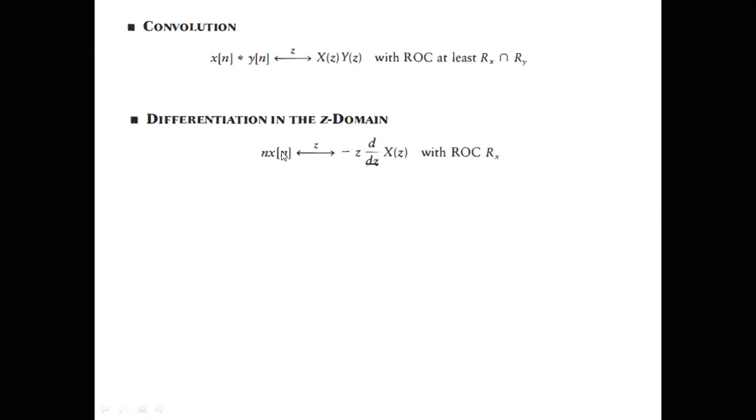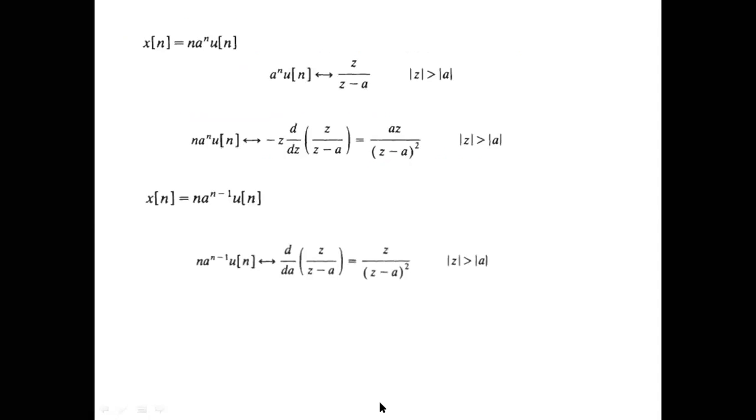Whenever my time domain gets multiplied by n, my z domain shall be differentiated with respect to z and then multiplied by minus z. So we differentiate this with respect to z and then multiply by minus z. The ROC still remains the same.